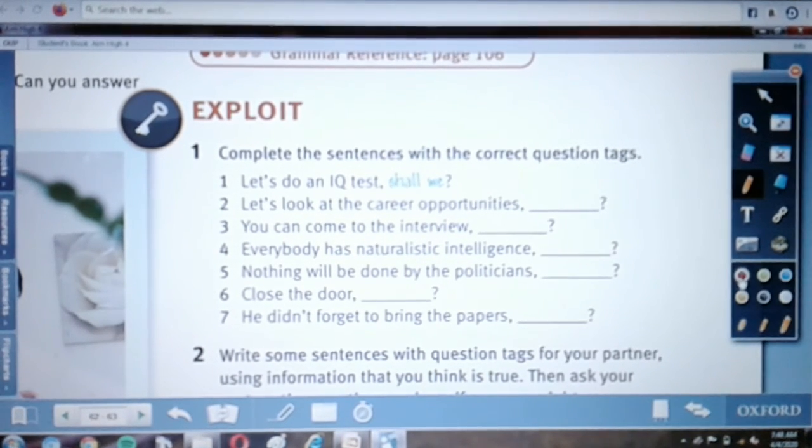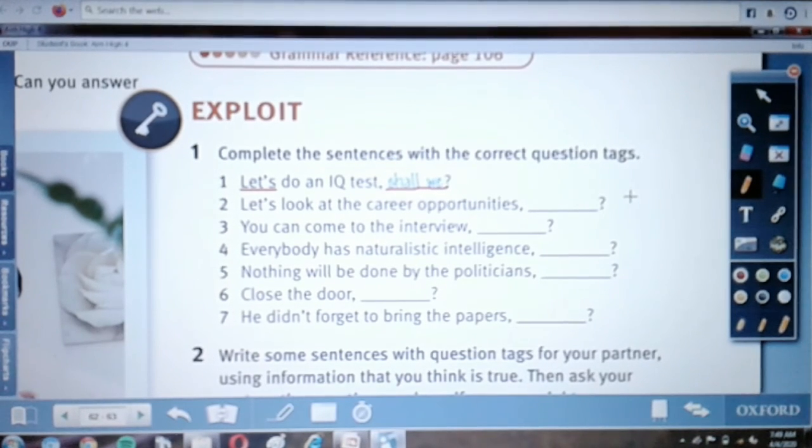So, remember, if we use let's, which stands for let us, we need to use shall we as the question tag. Alright, so please finish number 2 till number 7.